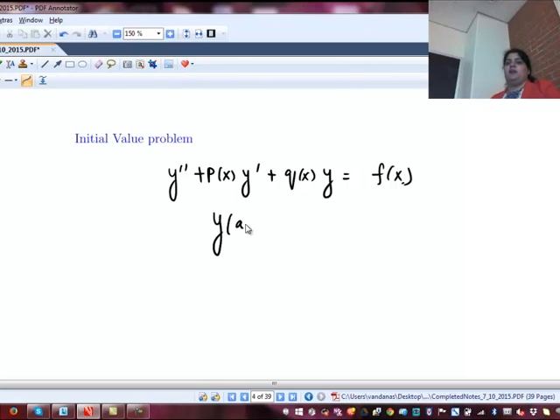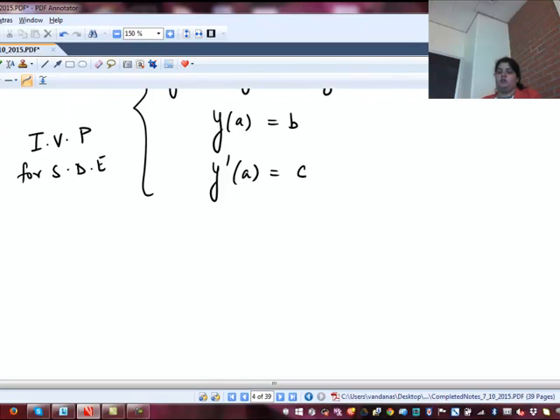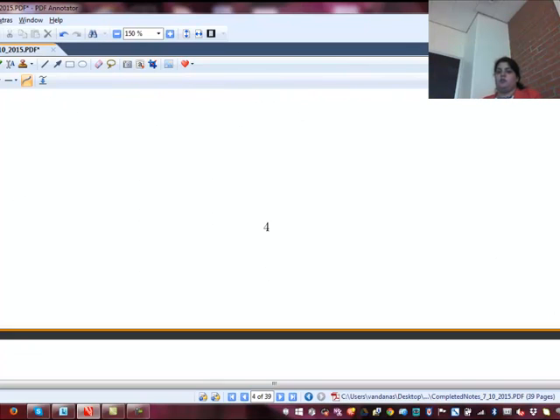So y at A to be B and y prime at the same position A to be some C. Now this we will call an IVP for a second order differential equation. We need 2 initial conditions. Okay, and it will have a unique solution. Now we not only need the function initially, but we need the derivative as well. Okay, so let's move on.